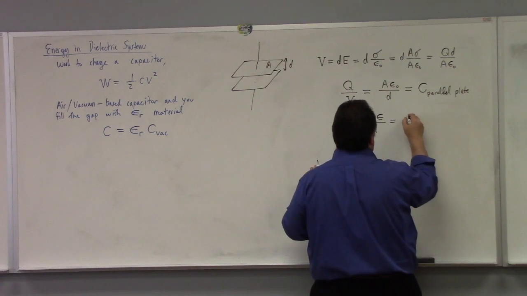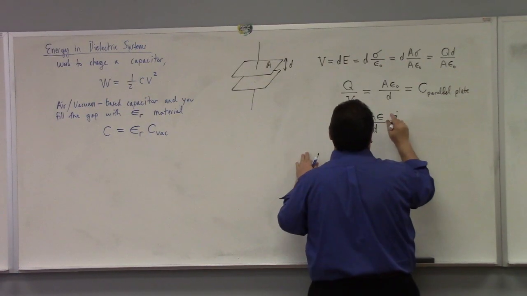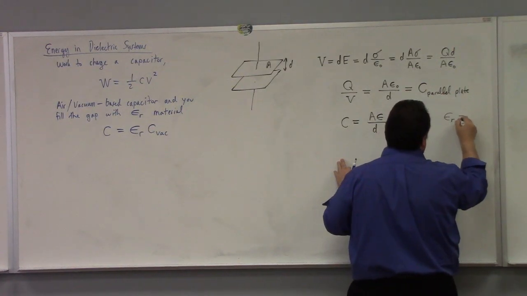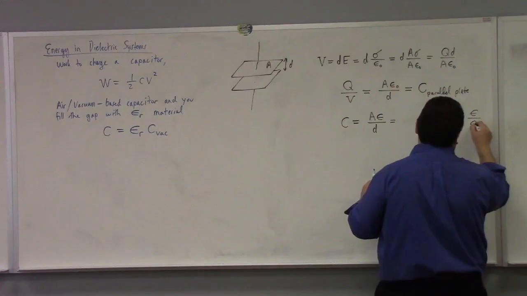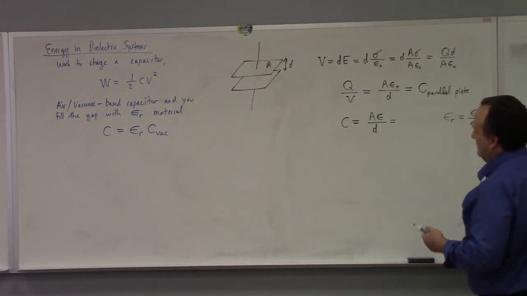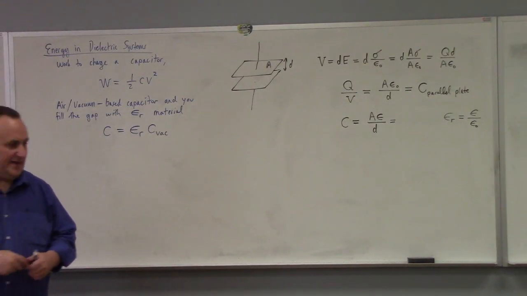Epsilon r is equal to epsilon divided by epsilon naught, I think. Or maybe the other way around. Oh, goodness gracious. I don't know if I've written that down or not either.